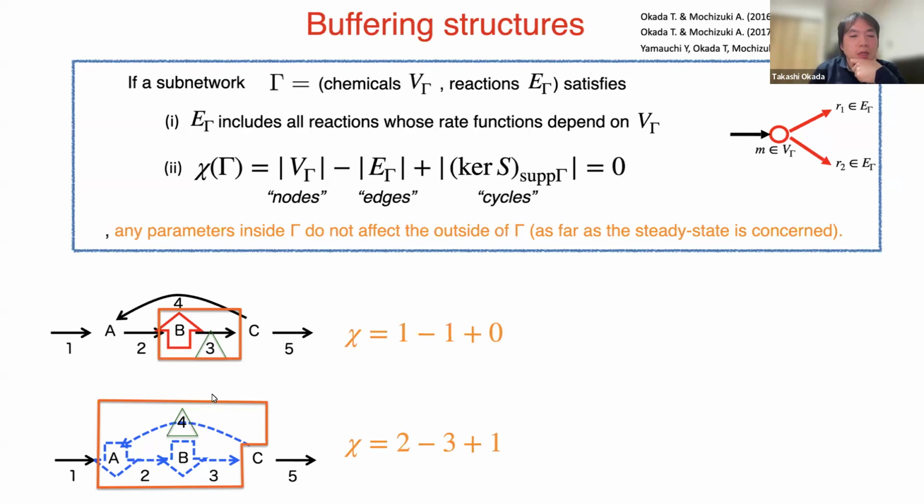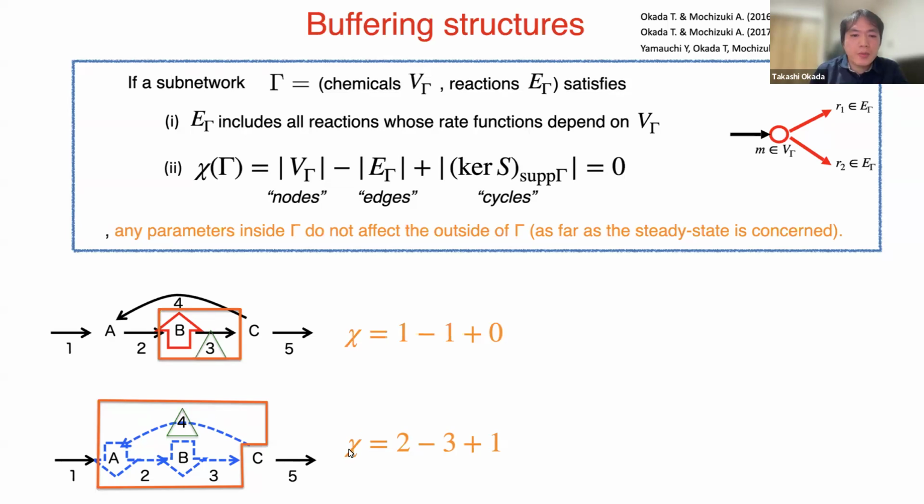Let's see the second case. These two subnetworks closed by orange lines are buffering structures, but let me explain it in the second case. You can easily confirm that the first condition is satisfied for this subnetwork. And about the second condition, the index, we have two chemical species A, B and 3 reaction edges. So we have 2 minus 3 here. And there is a single loop, one cycle here, 2, 3, 4.